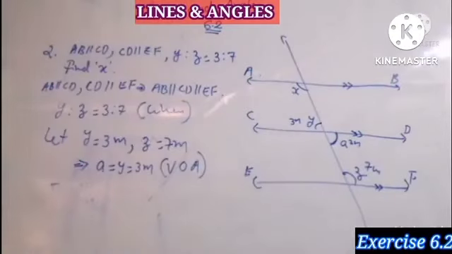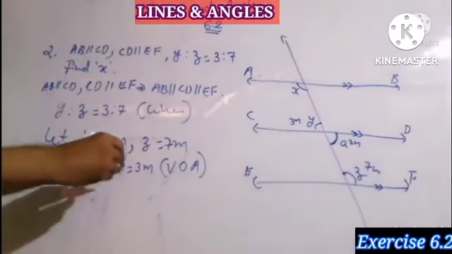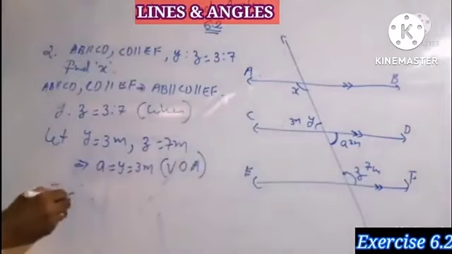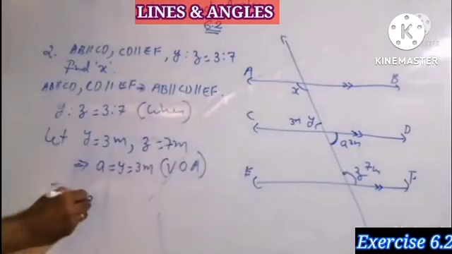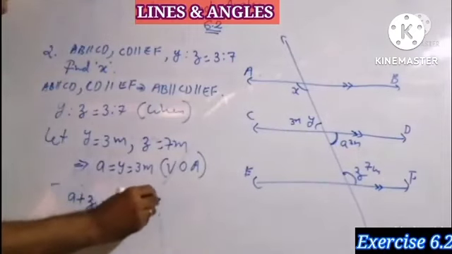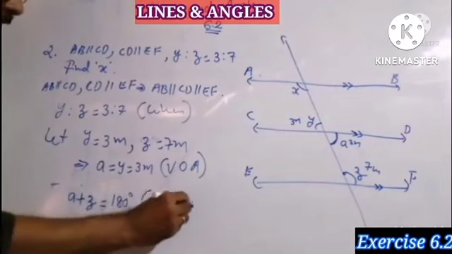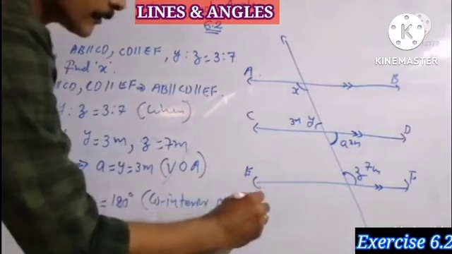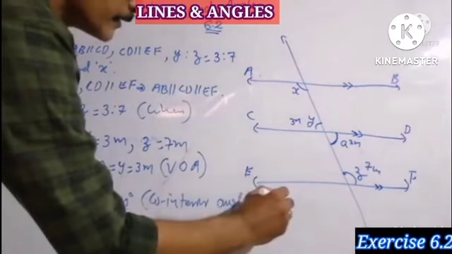Now, how are a and z related? A plus z equals 180 degrees. Reason: co-interior angles are supplementary.